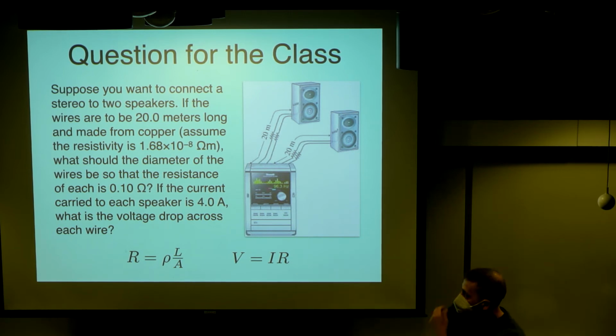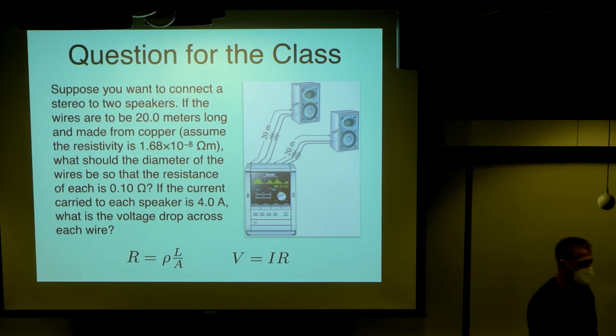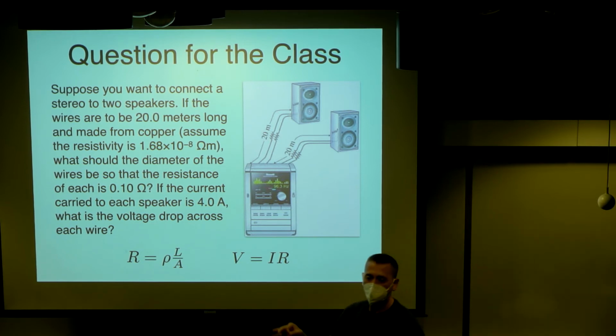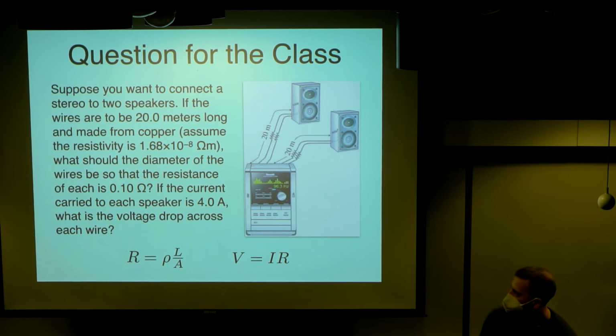It's 1.68 times 10 to the minus 8 ohm meters. So let's say you want the overall resistance of each one of those wires to be 0.1 ohms. How thick should you make the wires? What should the diameter of those wires be to achieve that resistance? So answer that first.